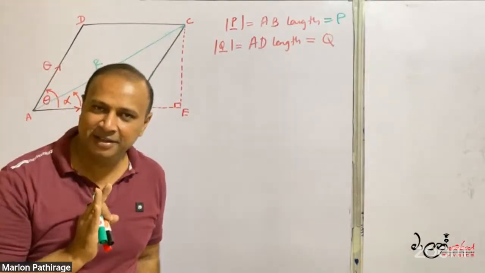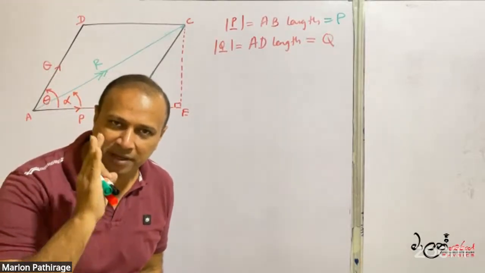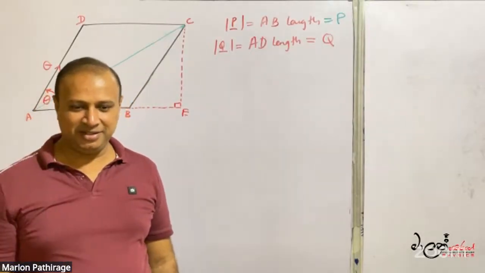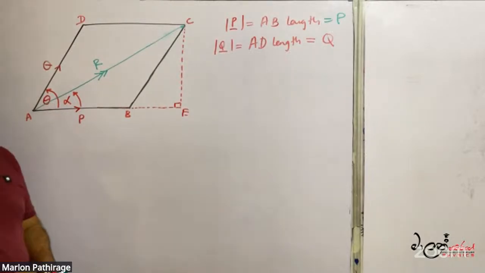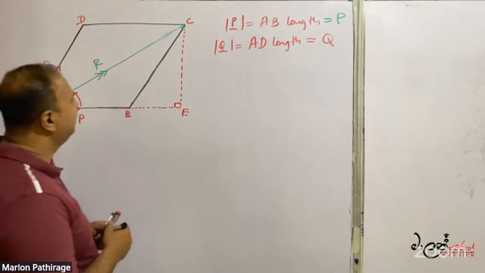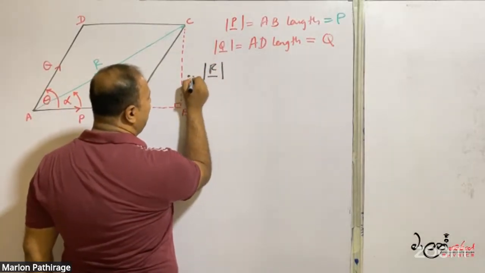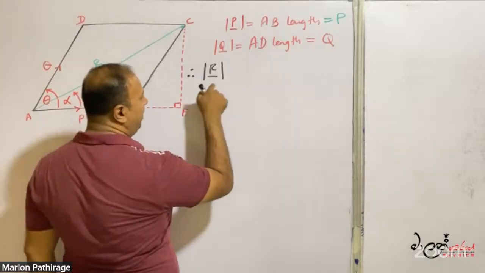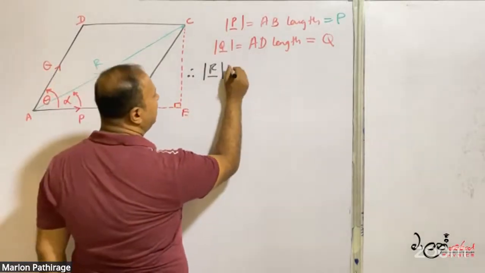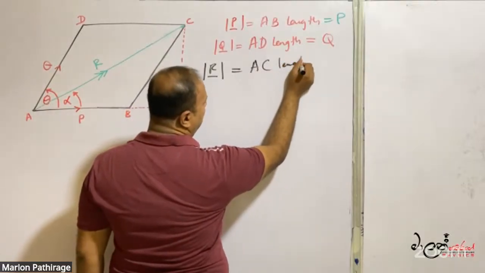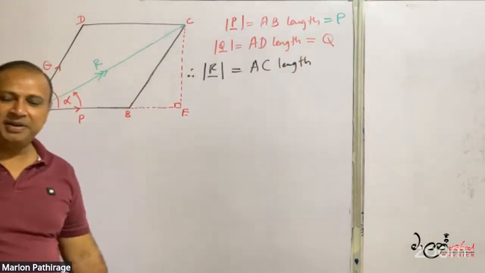Is that clear? If you get my argument, please raise your hand. Thank you. Therefore, the magnitude of the R vector is equal to the AC length, so you have to determine the AC length.